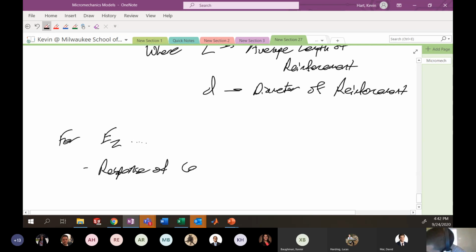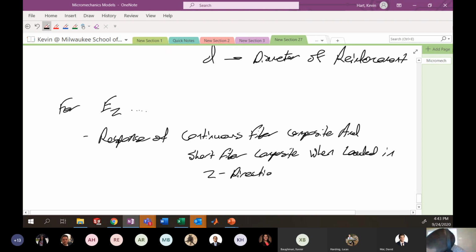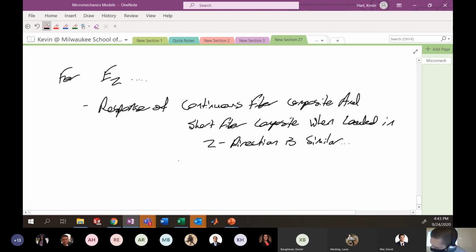The response of a continuous fiber composite and a short fiber composite when loaded in the 2 direction is similar, and that's because it's mostly governed by stress concentration.